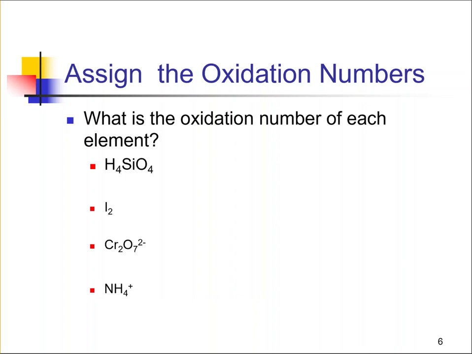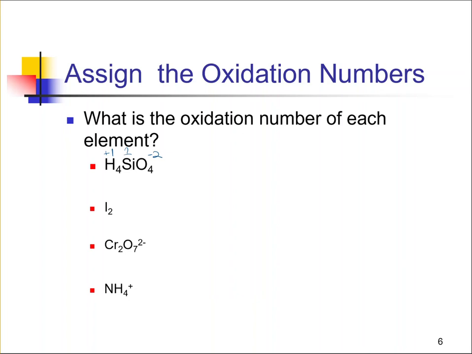Based on the rules, I know that the oxidation number for oxygen is -2, because this is not a peroxide and I don't see O2. The other element that I know for sure is hydrogen. Remember that the oxidation number for hydrogen is also always +1. Now, the question is on the silicon. So how do I find the oxidation number of silicon?